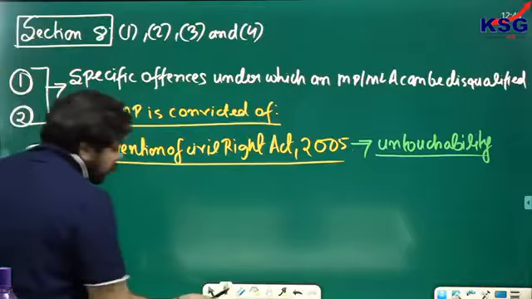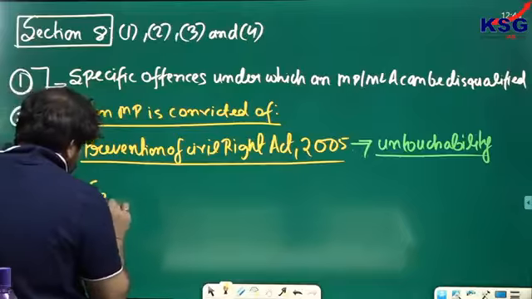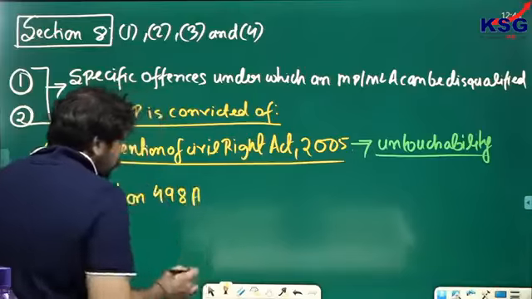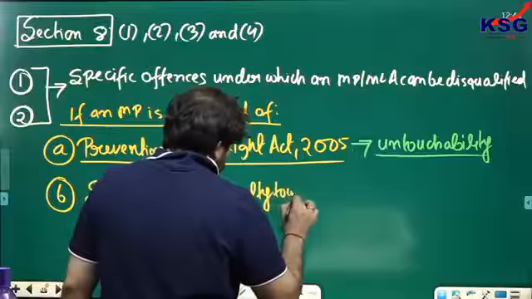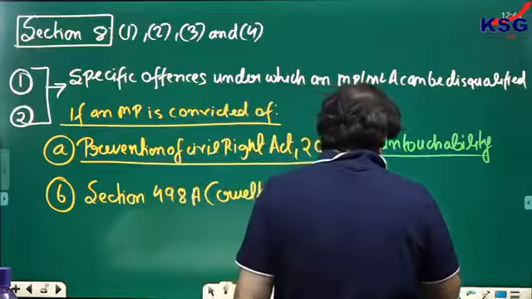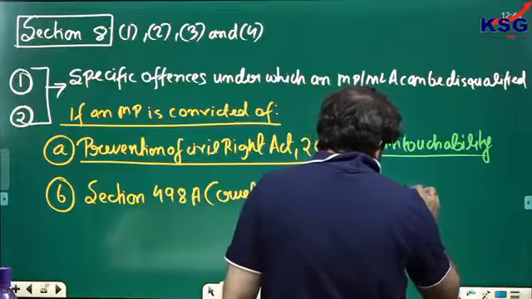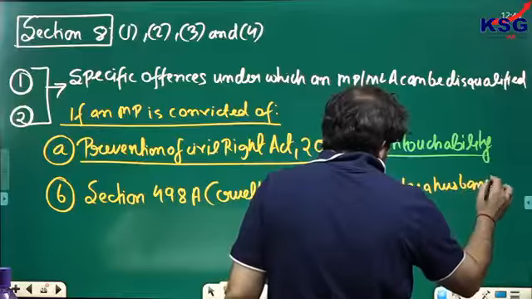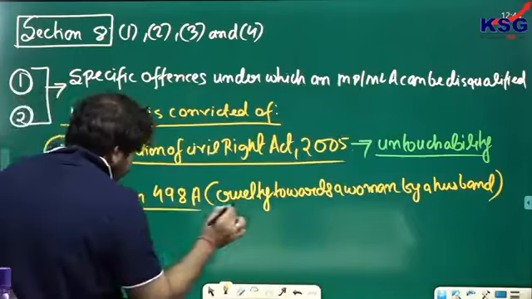Let's say for example, another, if a person has been punished under section 498A of IPC, which deals with cruelty towards a woman by a husband or the relative of a husband, then this person who has been convicted for the offense of section 498A can be disqualified.